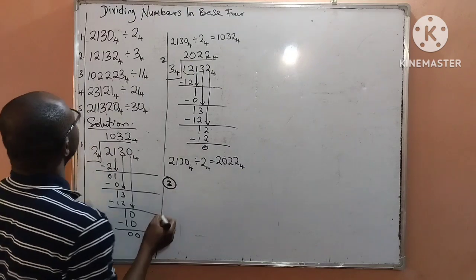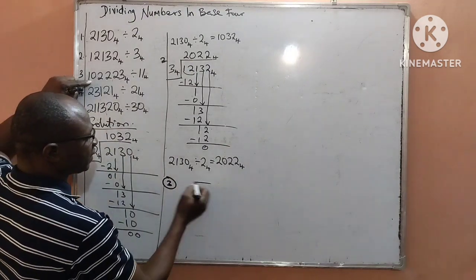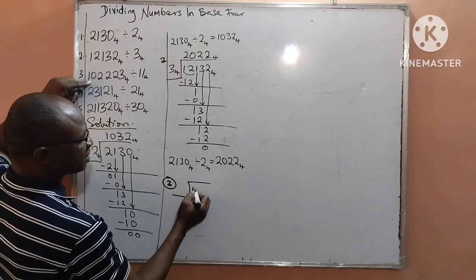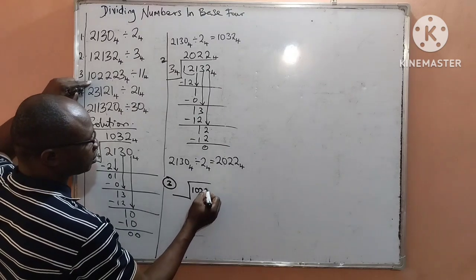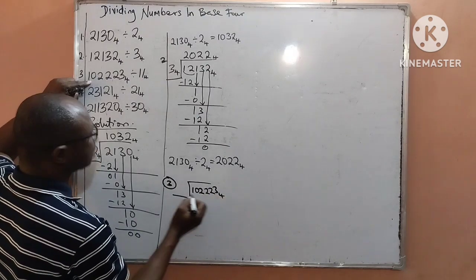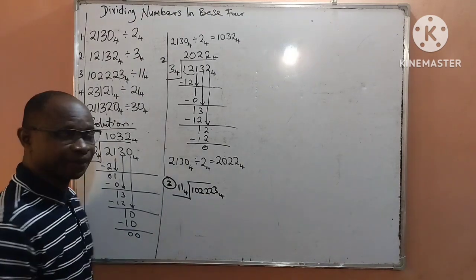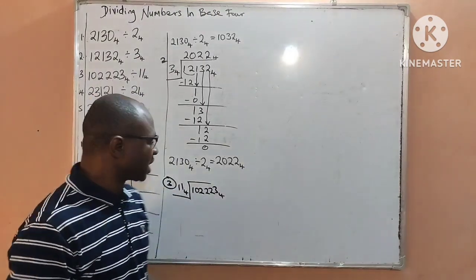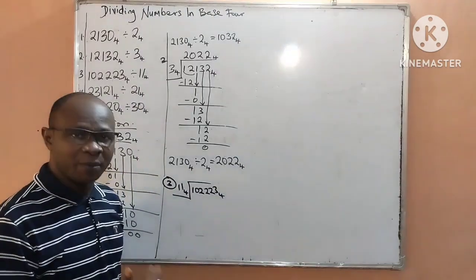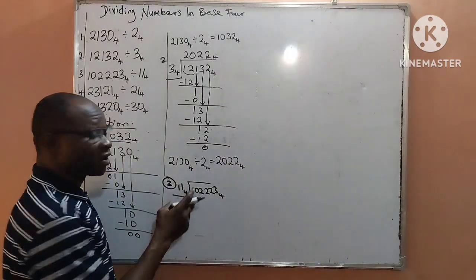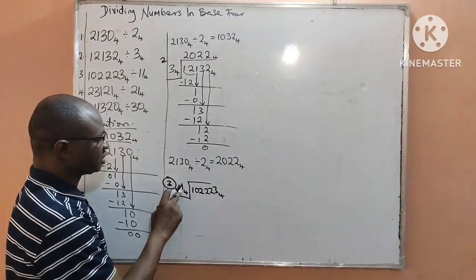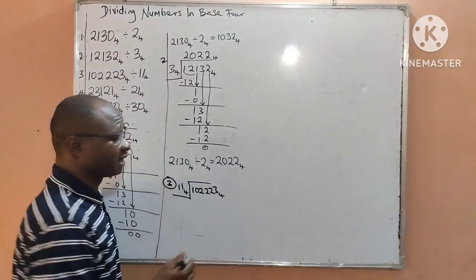Next is number 3. In number 3, we are given to divide 102,223 base 4 by 11 base 4. What we will also do now is to have multiplication of numbers in base 4 using 11, since we are dividing by 11.